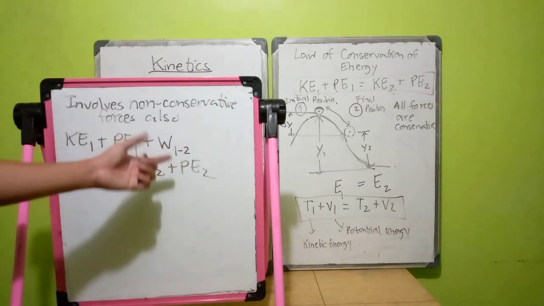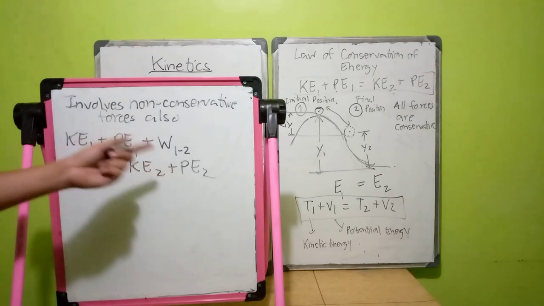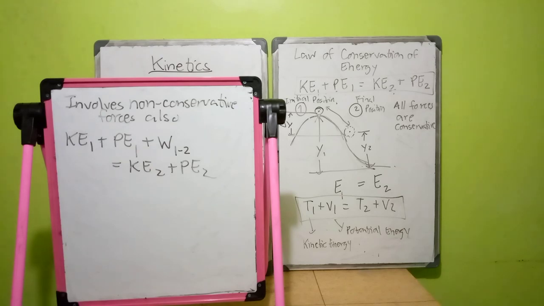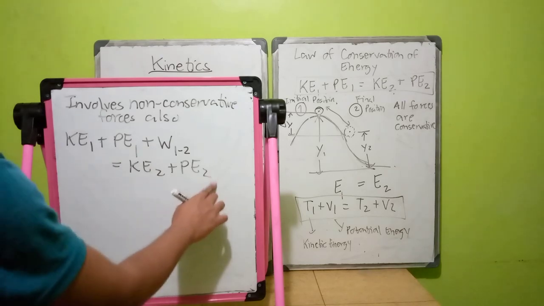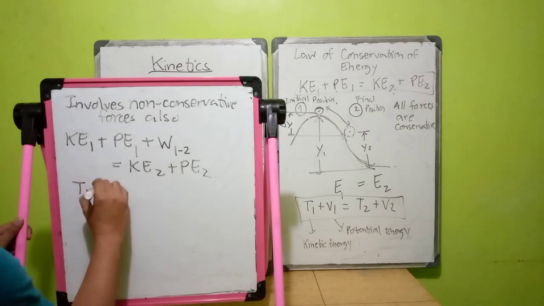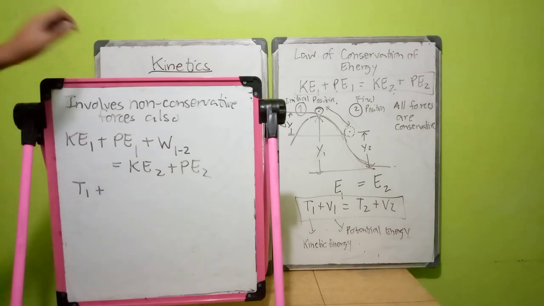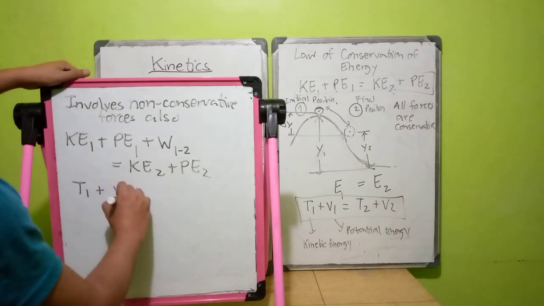So this is work. Some books use KE for kinetic energy, PE for potential energy, and W for work. But in some books, it is written as T sub 1 for KE. Instead of KE, we use T, and for potential energy, instead of PE, we use V sub 1.